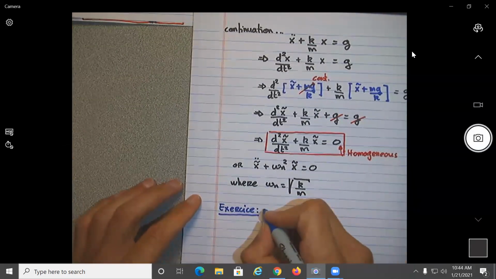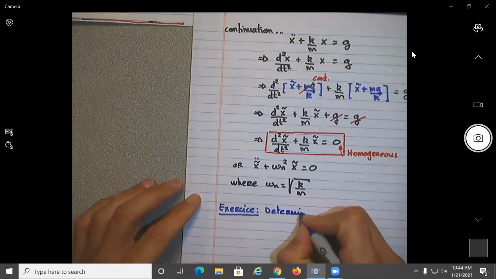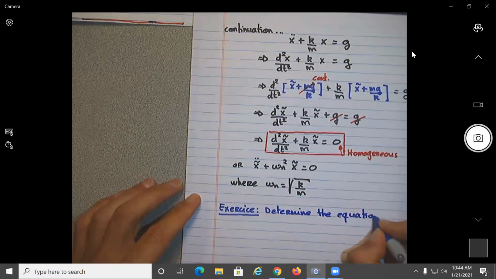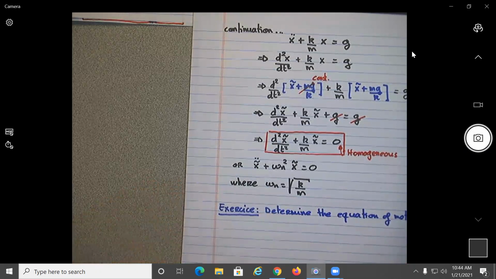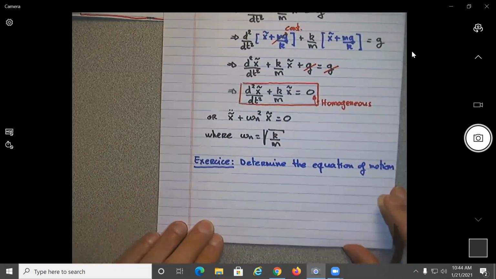And again, it's going to be to determine the equation of motion. So far we have only studied translation. So this example is just to show the rotation, okay?